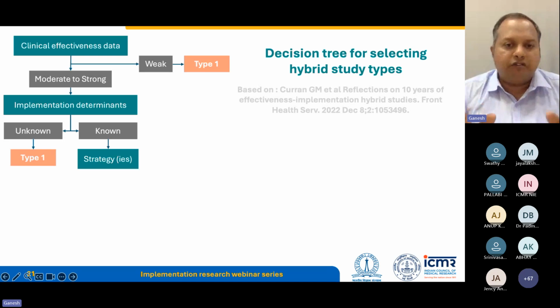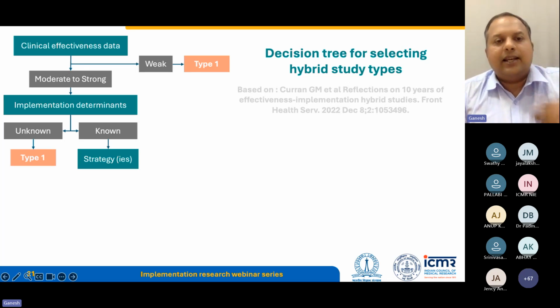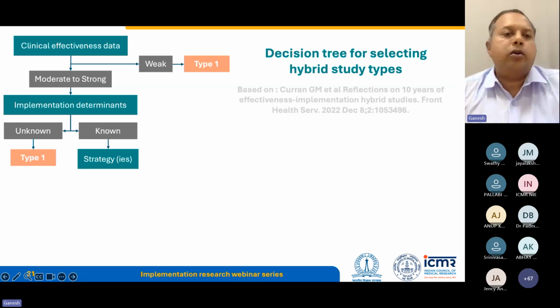The strategies here means, do we know which particular strategy will accelerate this particular intervention in order to reach this particular outcome?